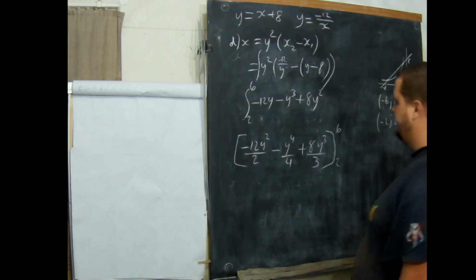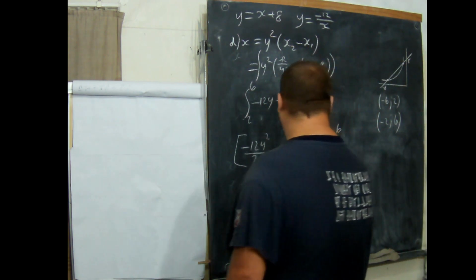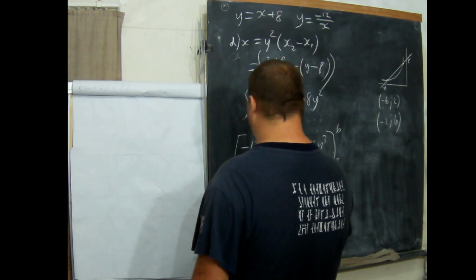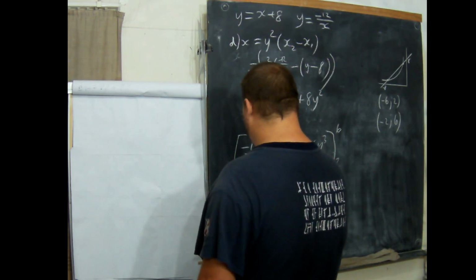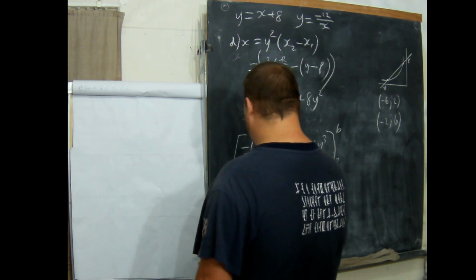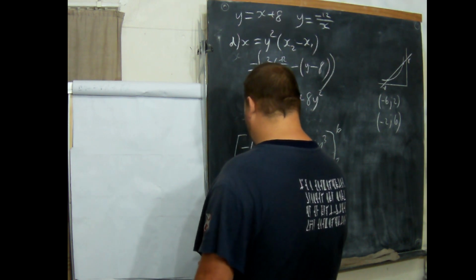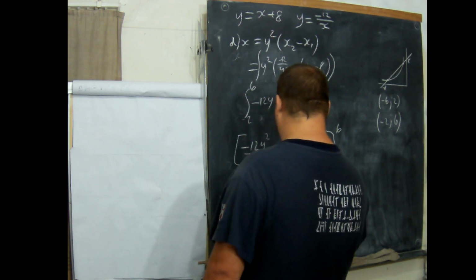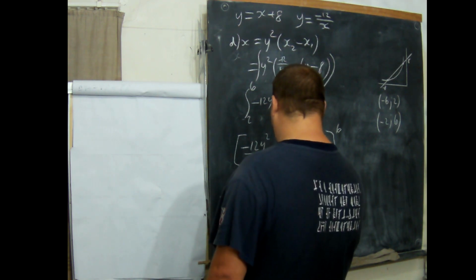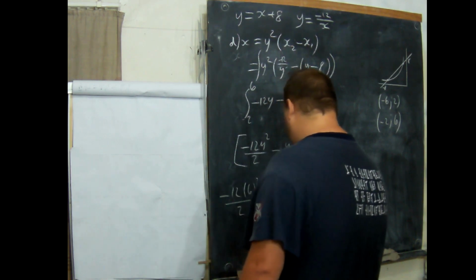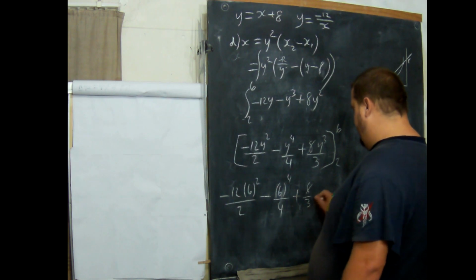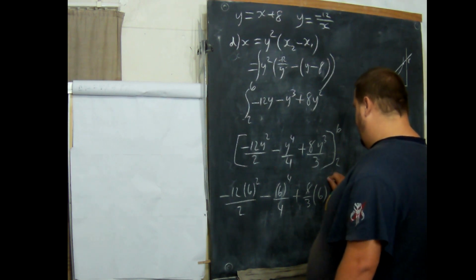Now what we need to do is put 6 in the place of y and 2 in place of y and see what we get. Minus 12 times 6 squared over 2, minus 6 to the power 4 over 4, plus 8 over 3 times 6 cubed.